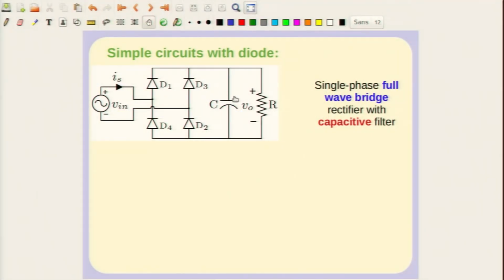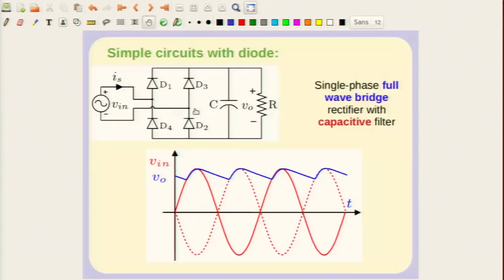It draws a current whenever there is a change of voltage across it. In case the diodes D1, D2 or D4, D3 are conducting, by KVL the voltage across the capacitor is equal to the voltage across the source, and these diodes will conduct provided the voltage across them is positive.